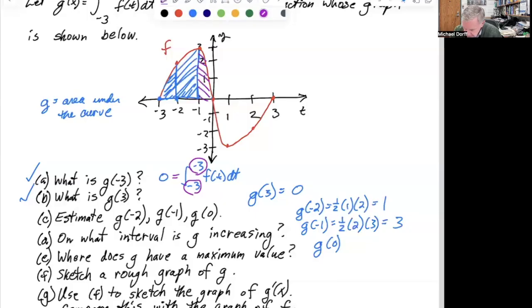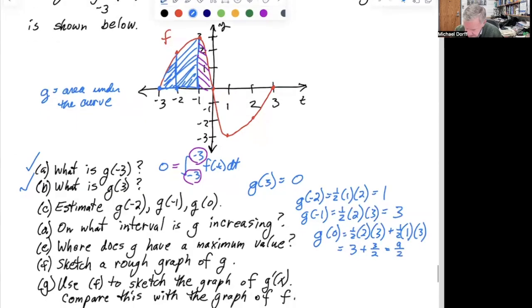So I'm going to get first the 1/2 times 2 times 3, which we did in the previous part, plus 1/2 times 1 for the base and 3 for the height. So I'm going to get 3 plus 3/2, which if I simplify that, I think I get 9/2 for that.